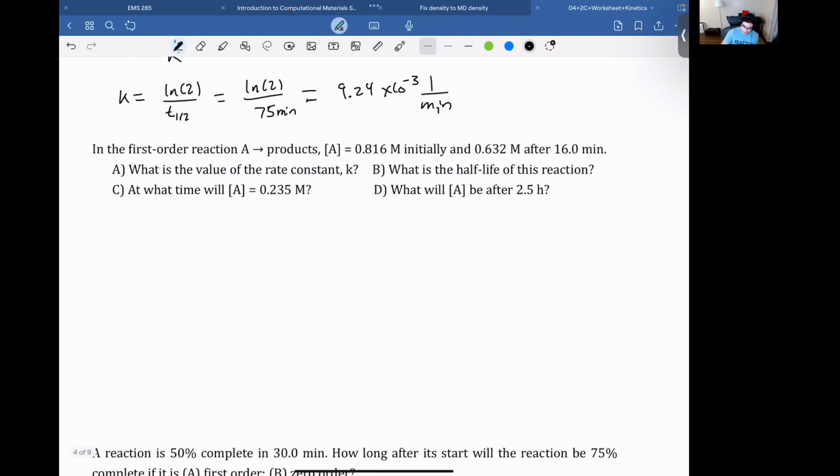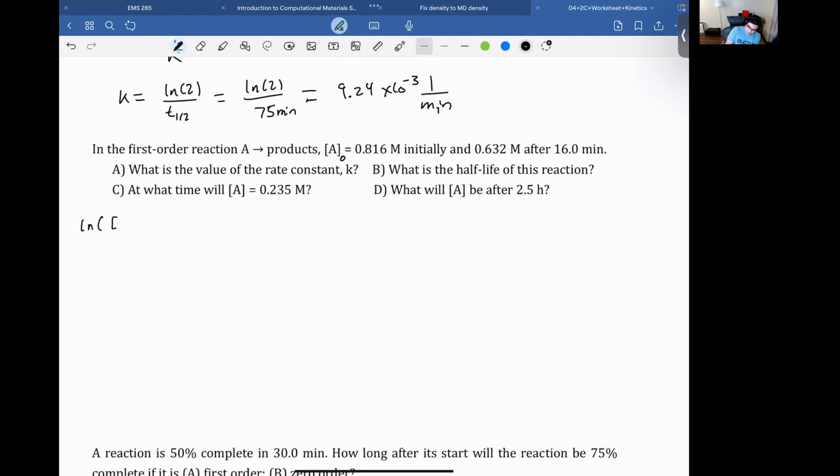Next is a first order reaction, A decomposes into products. The concentration of A is equal to 0.816 molar initially and 0.632 molar after 16 minutes. What is the value of the rate constant K? So this is A naught for the initial concentration. We are going to use the first order equation.